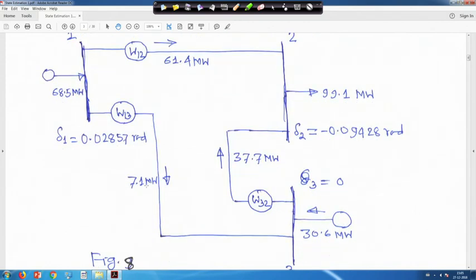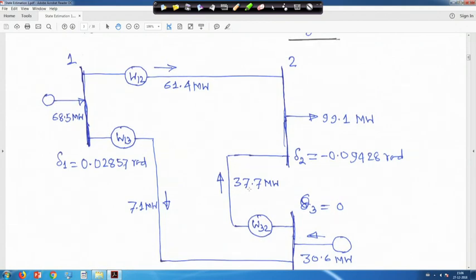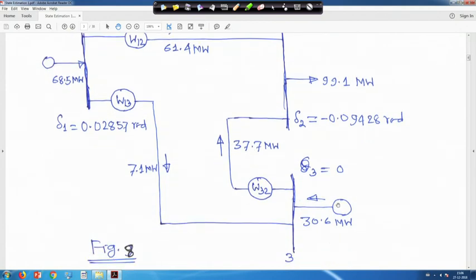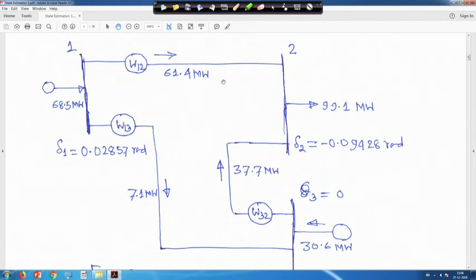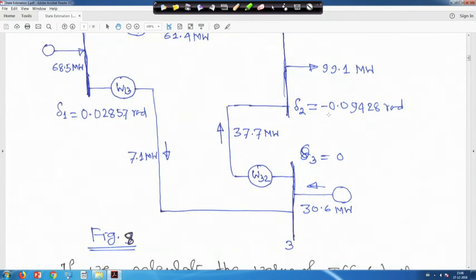The power flow on line 1 to 3 is 7.1 megawatt, and on line 2 to 3 it is 37.7 megawatt. The power injection here is 30.6 megawatt plus 7.1, so the total is 37.7 megawatt. Then 61.4 and 37.7 give 99.1 megawatt. After estimation delta 2 is minus 0.09428 radian, and this is the slack bus, so delta 3 is equal to 0, which we have assumed.